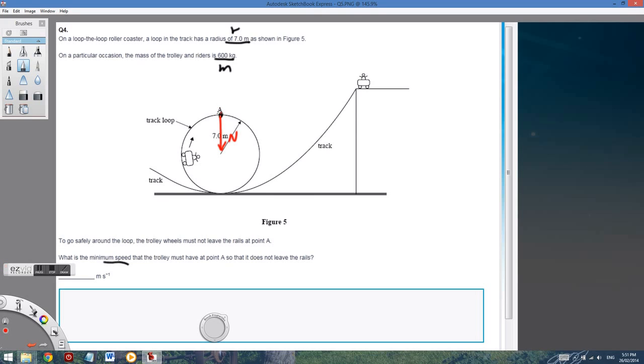The surface is here, the object is below, so the normal force will be downwards. Then I have my other force, my weight force mg, also downwards. At this point, I should have my centripetal force in the downwards direction, FCP.